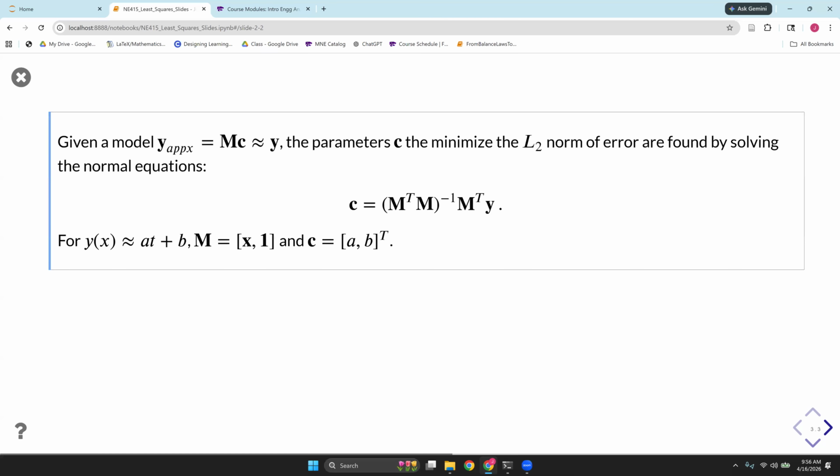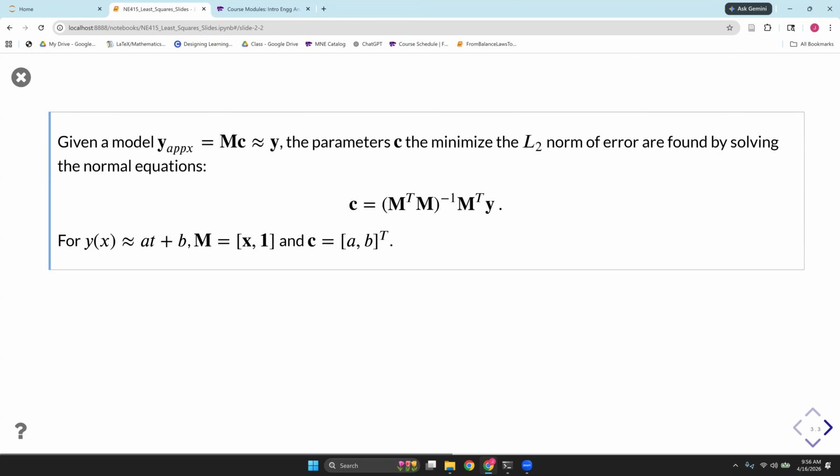So this M is what we call the design or model matrix, okay? And we take the transpose, we take its inverse, and we have M transpose Y. The equations that are listed here are sometimes called the normal equations. And it has to do with what the least squares approximation does to the error.